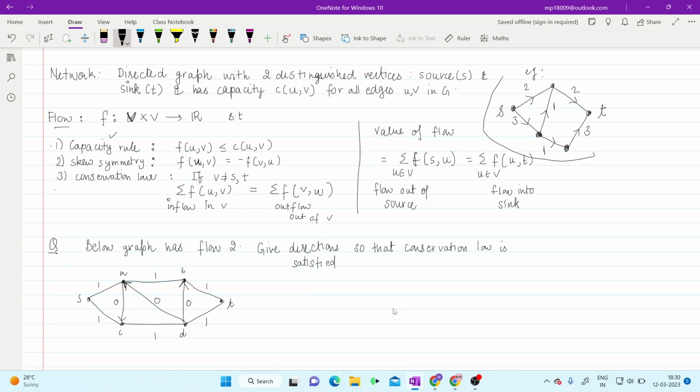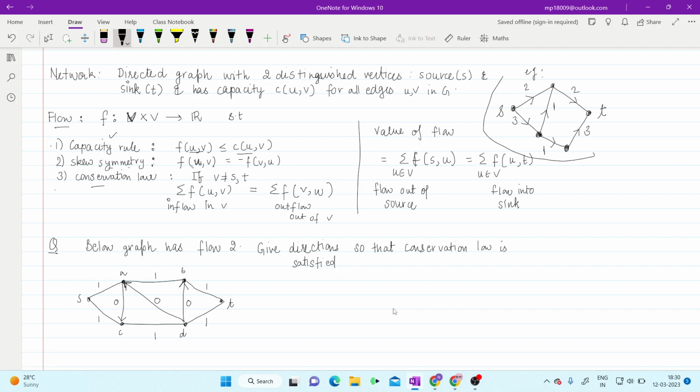First is the capacity rule: flow of uv should be less than or equal to capacity. Second is skew symmetry, that is, flow of uv is minus of flow of vu.